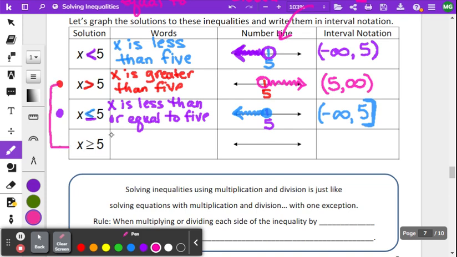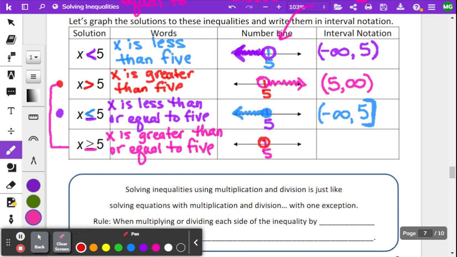So this one says x is greater than or equal to 5. So once again, when it says equal to, we will have a closed circle on that number to indicate that it's part of the solution. And again, greater than, the number is going to go to the right, the arrow's to the right.